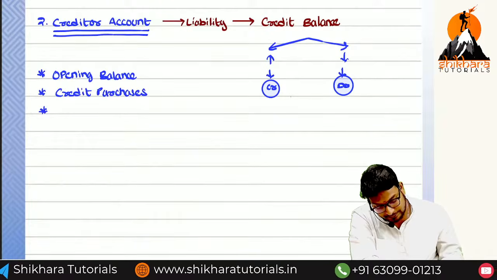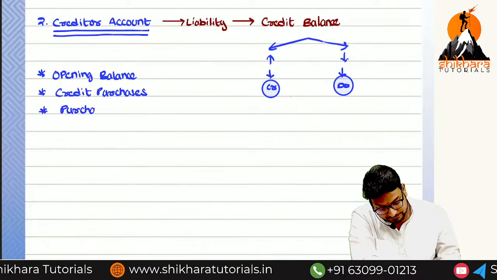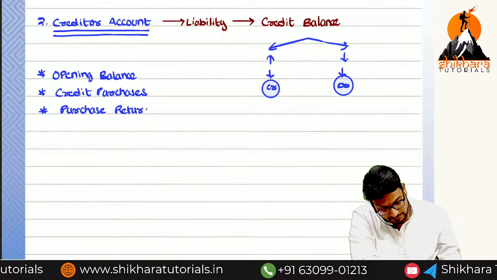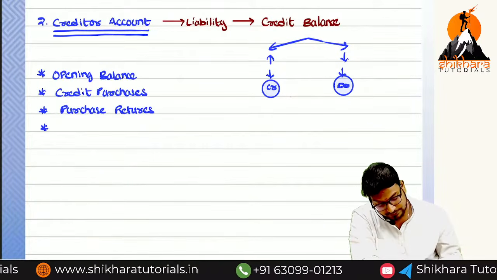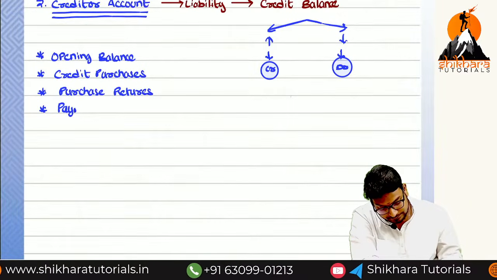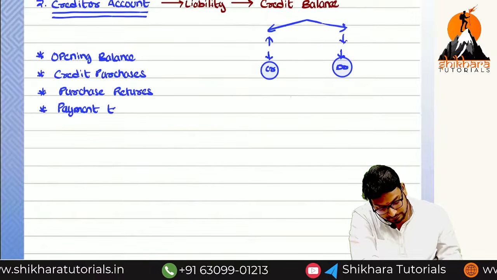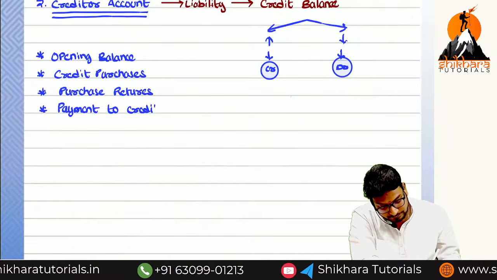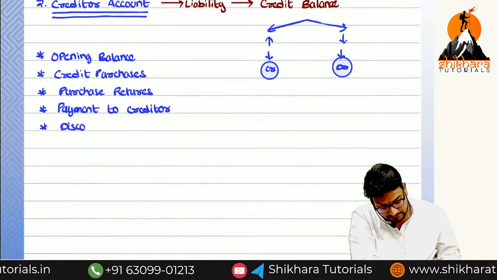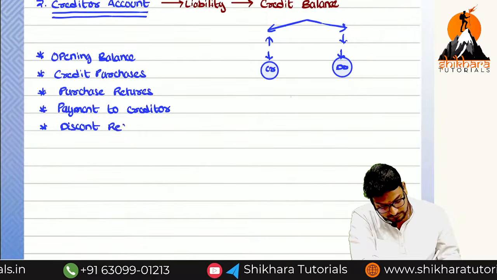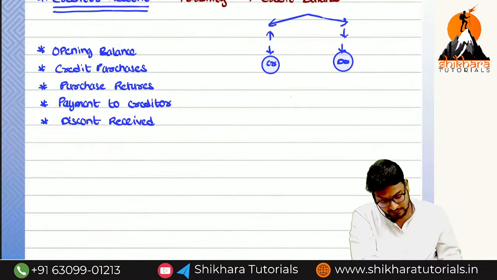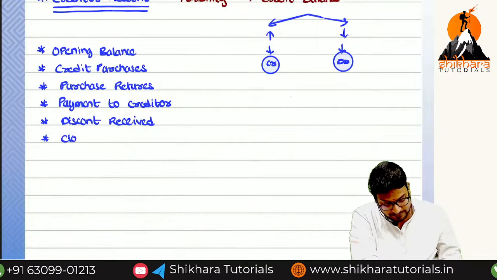So next one, purchase returns. So next one, payment to creditors. So discount received. So next one, closing balance.